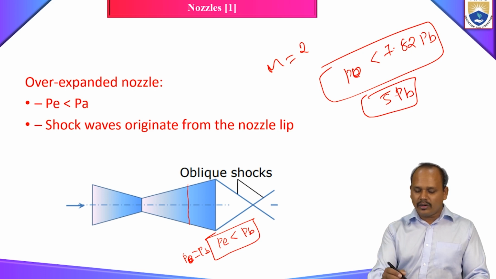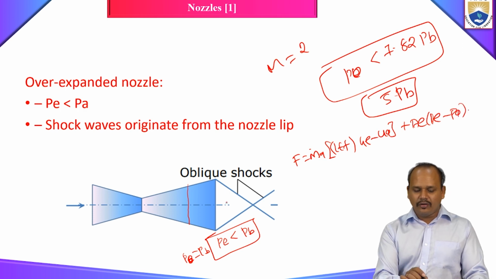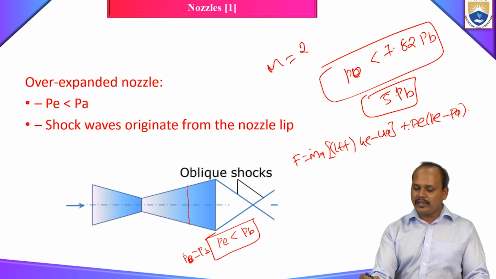Now the consequence of this overexpanded nozzle is that once again we have F = m dot A (1 + f) UE minus UA plus AE into (P minus PA). During your overexpanded case, your P is less than your PA, so this term will become negative.